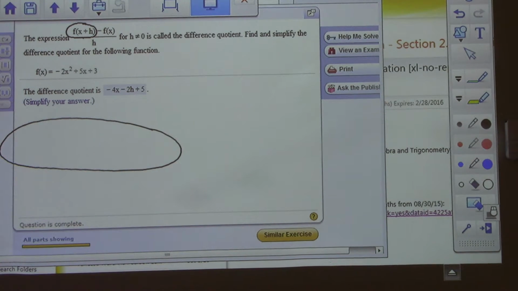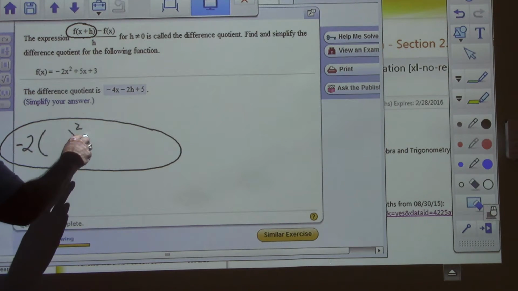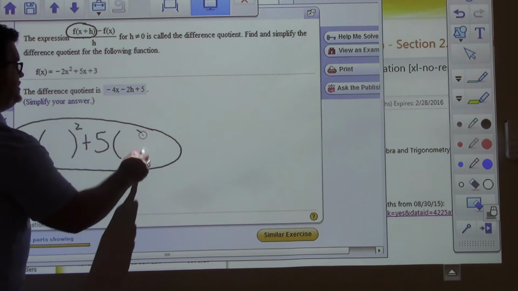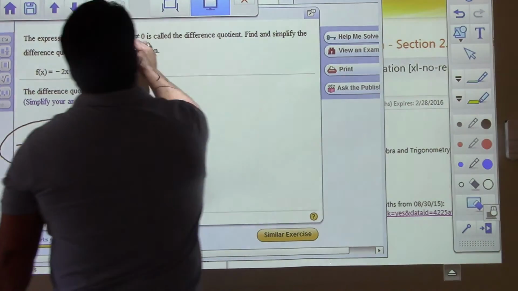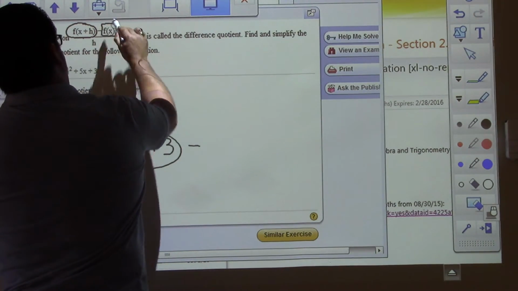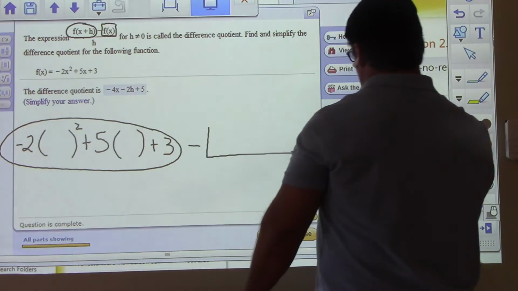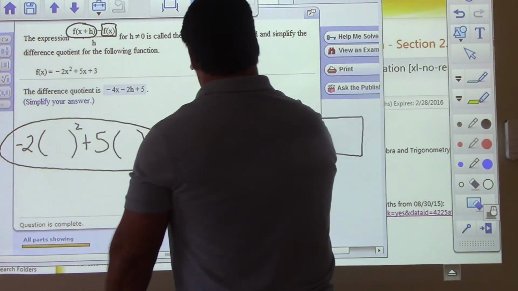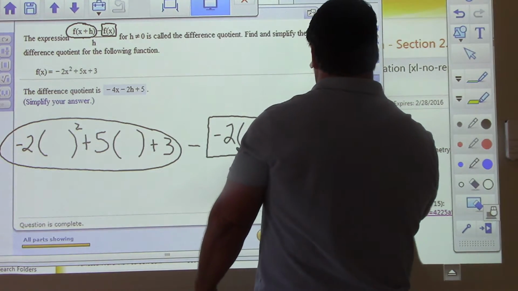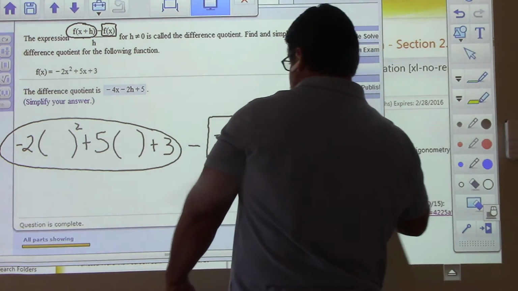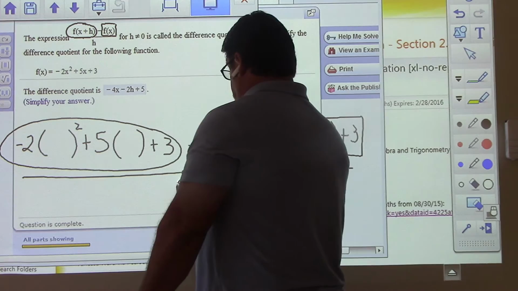And this is going to be this part: negative 2 parentheses squared plus 5 parentheses plus 3. Minus, and I'll put a rectangle around this: negative 2 parentheses squared plus 5 parentheses plus 3. And all that's over what? h.